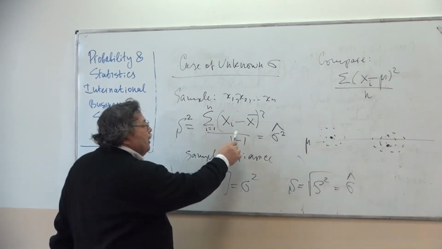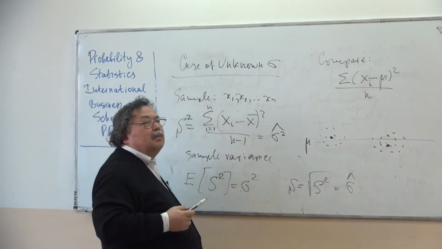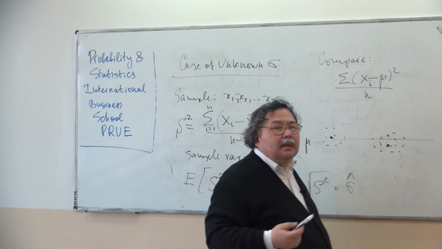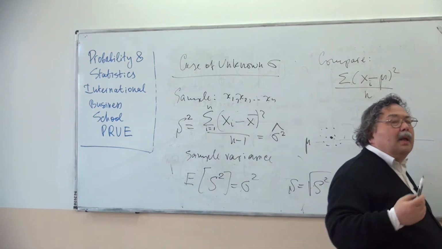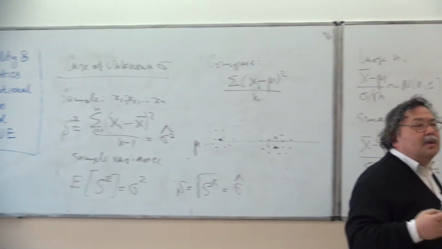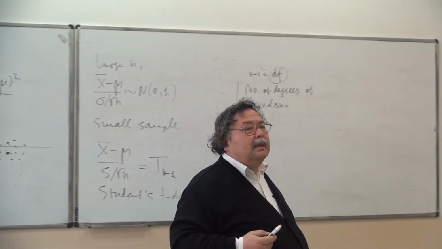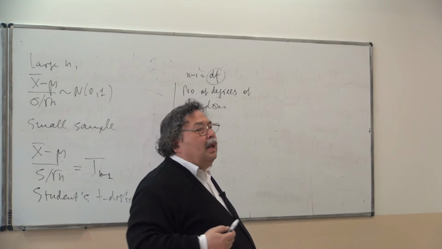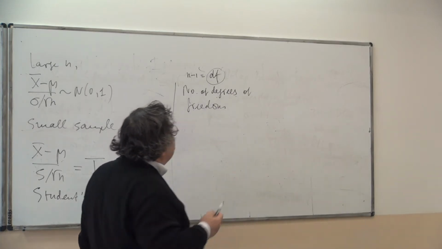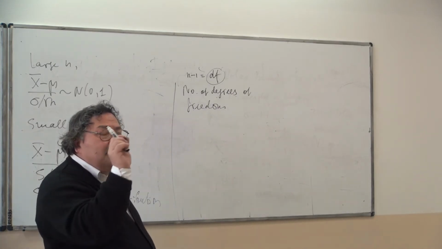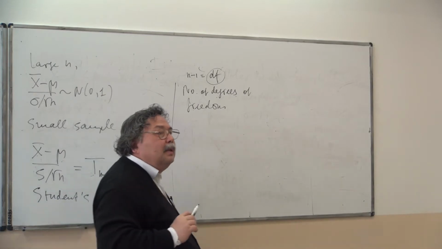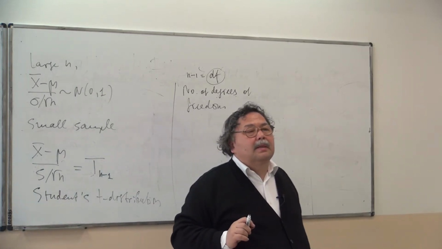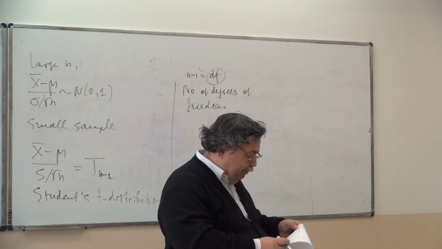So we have n deviations from x bar, but they are not independent. This is the point. The n deviations from x bar are not independent because x bar is computed on the same points. For that reason, the number of independent pieces of information here is one less. It's not n, it's n minus 1.